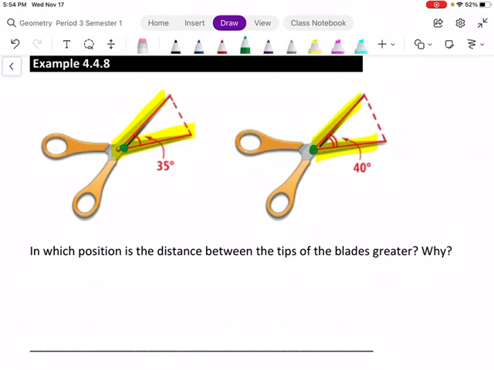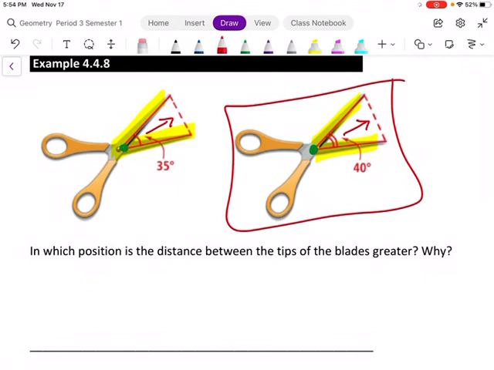So which one is going to have the greater distance across from it? In this one, it would be the second example. And the reason is because it has the bigger included angle.